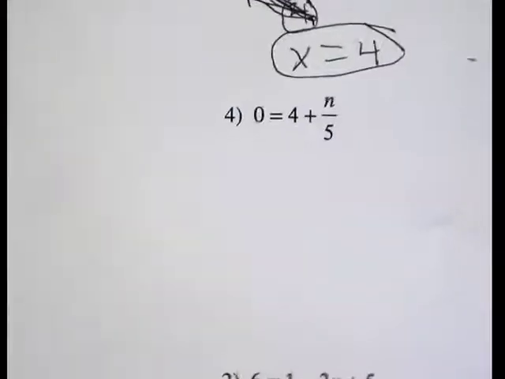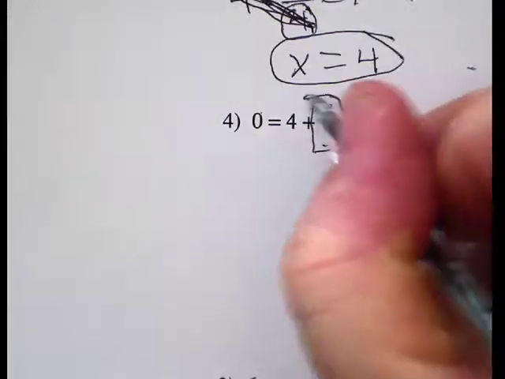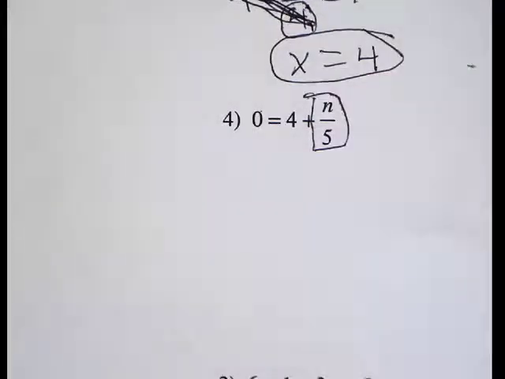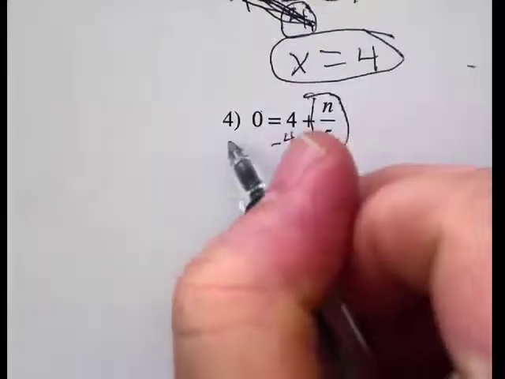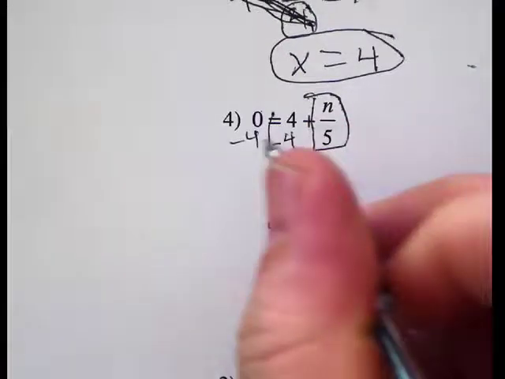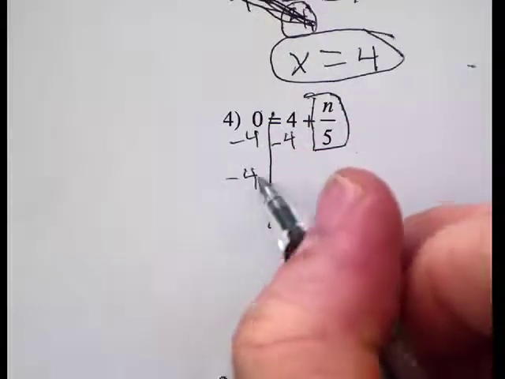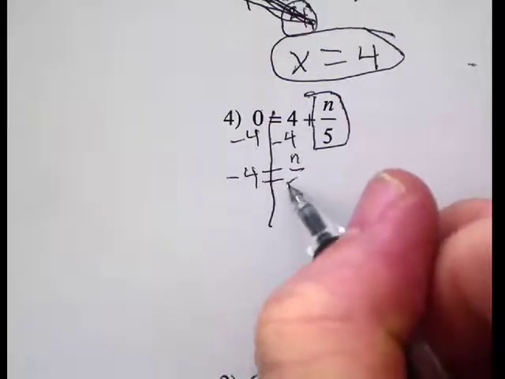Okay. Number 4. We have a fraction. So now we have 2 steps to solve this. One is get the fraction all by itself. So we're going to minus 4, minus 4. We do it to both sides. And we have negative 4 equals just the fraction left, n over 5.